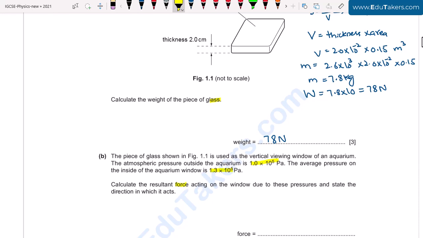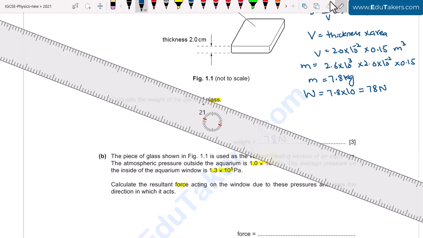So, when this aquarium is in vertical position, it will be just like this. I use a ruler to draw this.